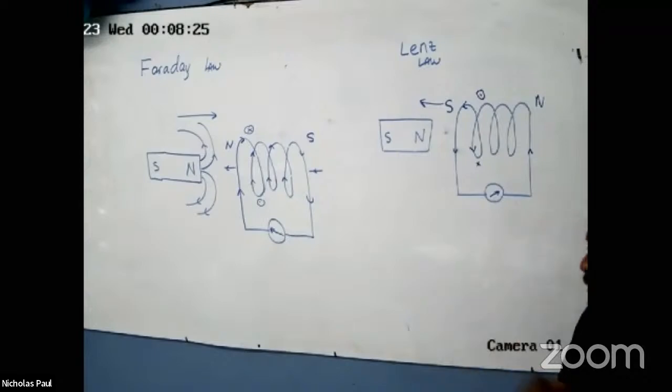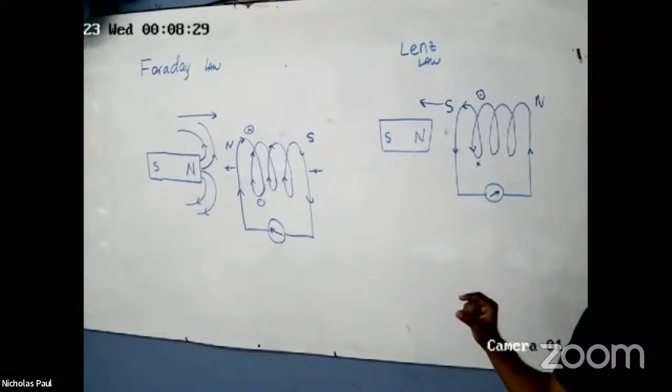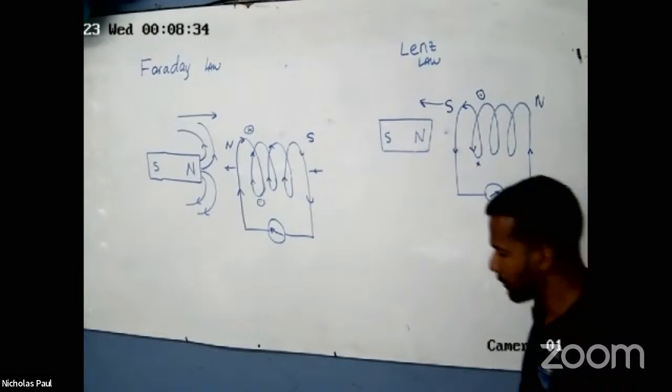So in your summary, you should have: Faraday gives you magnitude, Lenz gives you the direction. All right, that's what you'll use to remember it.